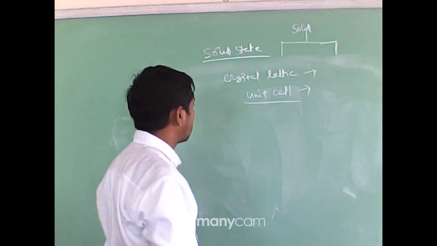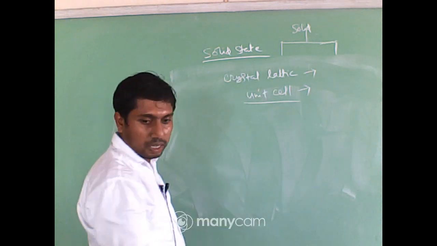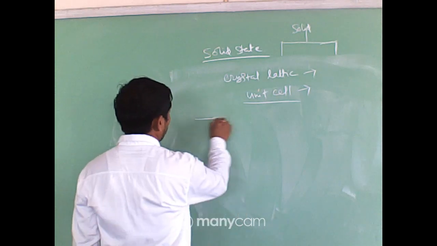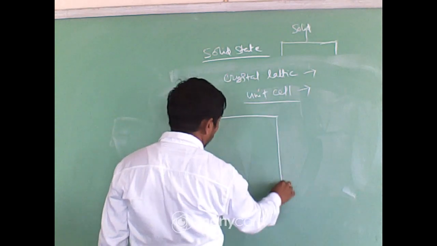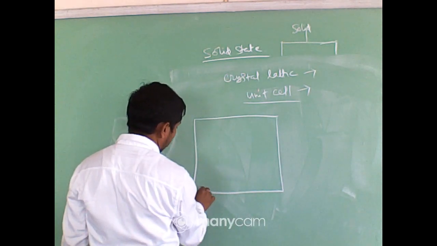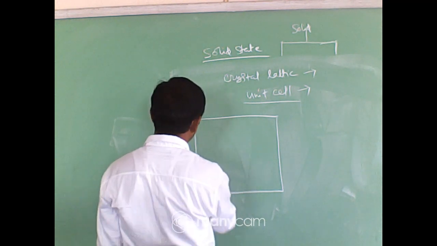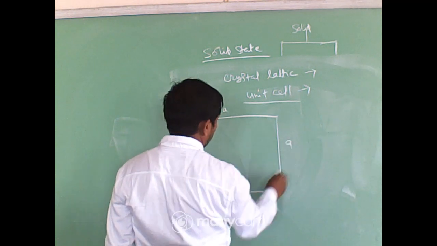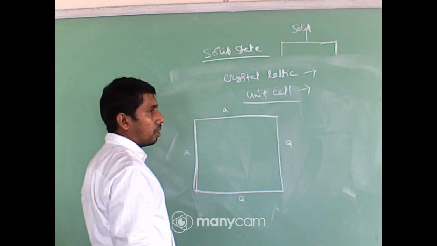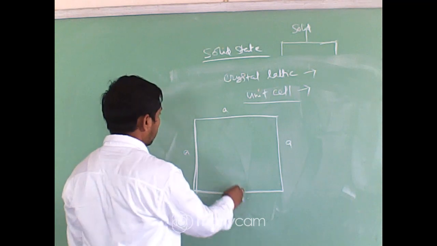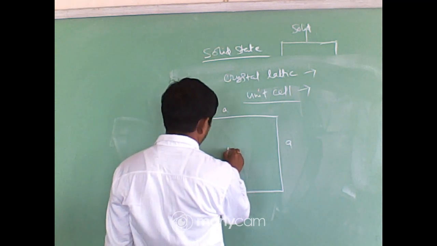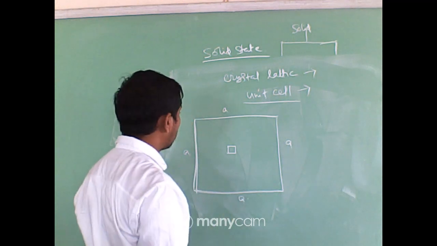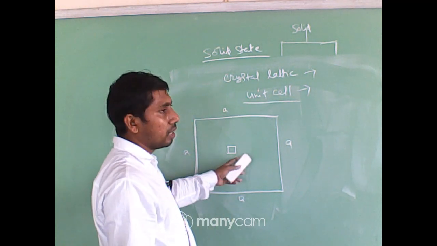For this, just assume one board, and I am drawing here. Suppose this is a square board whose length is A. I draw one small square in the middle of that.